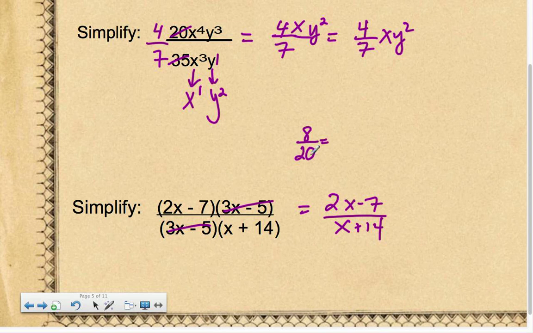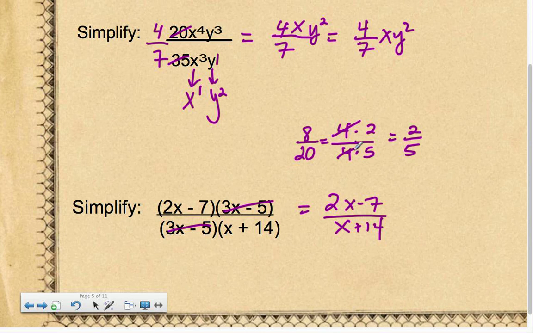They both have 4 in common. So if we were to factor out a 4, this would be 4 times 2, and this would be 4 times 5. They both have a 4 in common. Both have 4s as factors, so we can cancel those out. Same thing here. These both had 3x minus 5 in common, and so we could cancel those out.